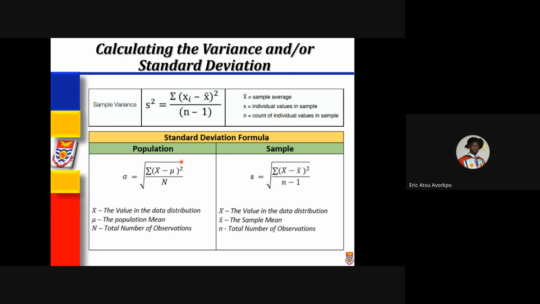If it were the population, you would have had this, right? Whereby if it is the standard deviation, it's just the square root of that. So you look at this s over here and then the s squared. The only difference is that one has the square root and the other does not.